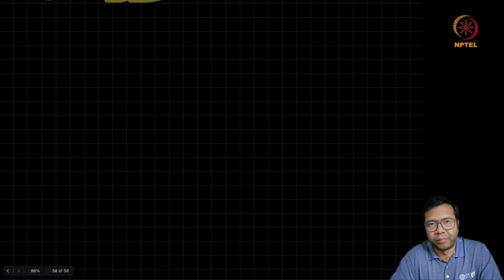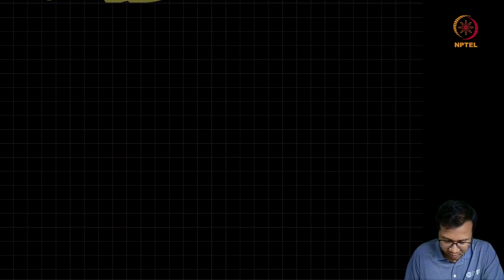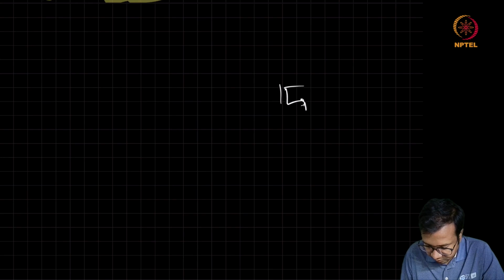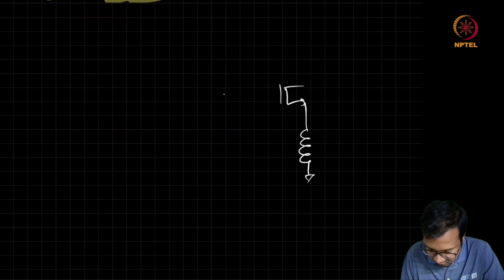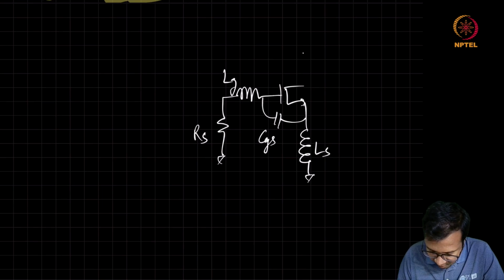Now let us try to find out the noise figure of this circuit. I will just draw the simplified circuit for the inductively degenerated common source amplifier. S, LG, CGS, LS, and on the load side I will just show RP.